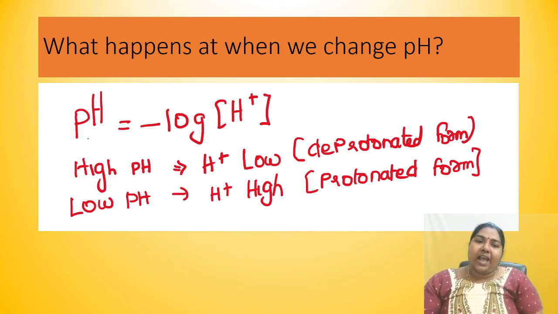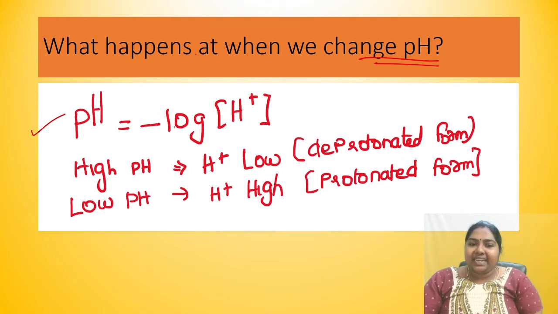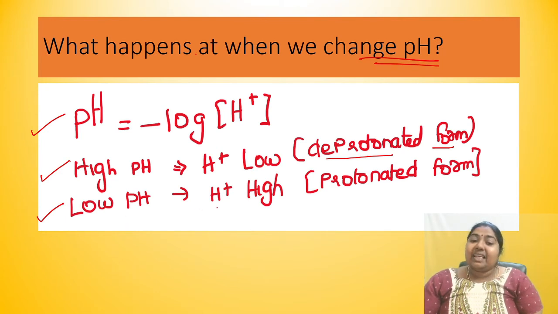Yes. So you have to remember what happens when we change the pH. We know that pH is equal to the negative logarithm of hydrogen ion concentration. So whenever there is a high pH, your H plus becomes low. So it reaches the deprotonated form. Whenever the pH is low, there is a high H plus ion concentration.